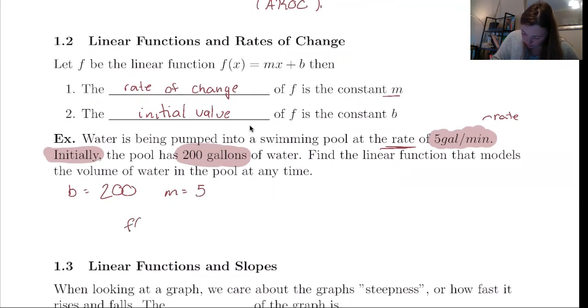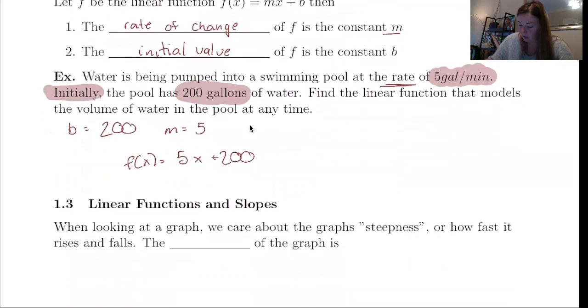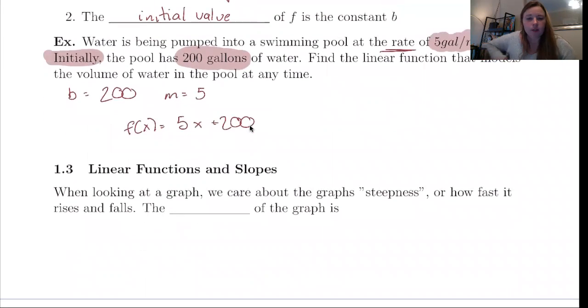So I can just put these all together and say 5x plus 200, and we're done. I think that's good, right? Oh, we're not doing anything else with that problem. Okay.